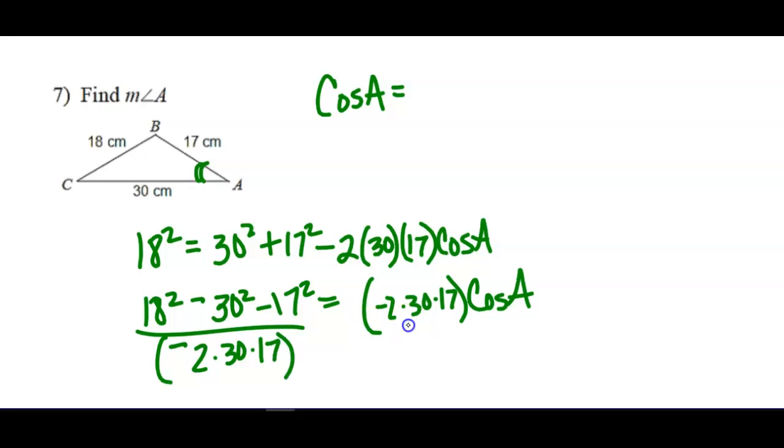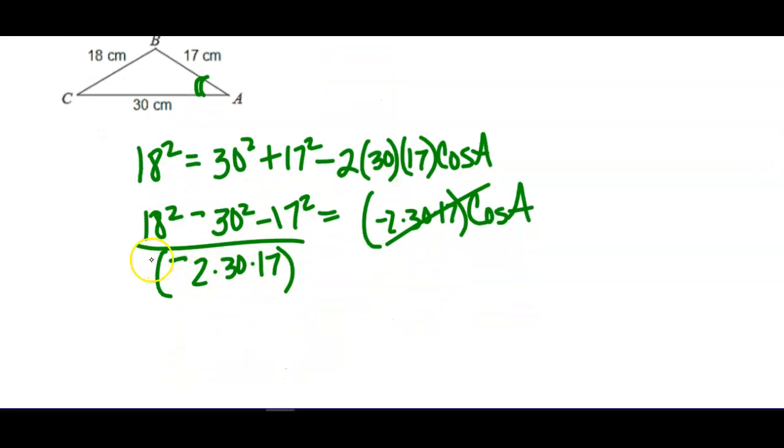I'm just curious because we've had a lot that came out negative. I think this one's going to come out positive. If we do 18 squared minus 30 squared minus 17 squared, we get a negative on the top. And on the bottom, if we do negative 2 times 30 times 17, we get a negative on the bottom.